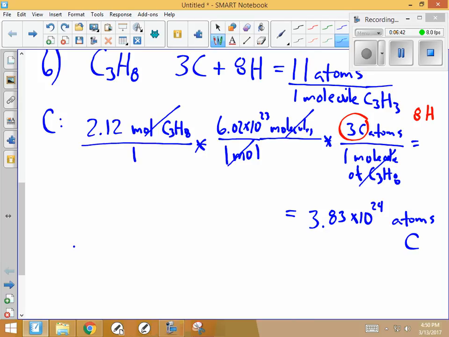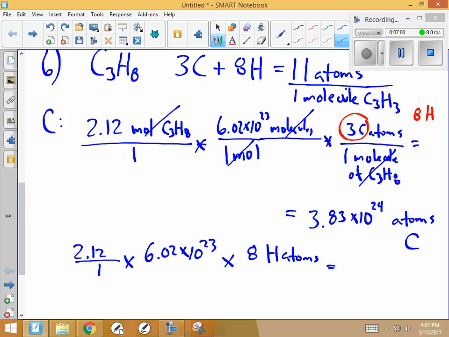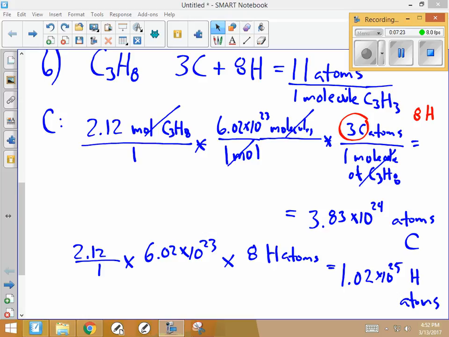So I'm just going to take a little bit of a shortcut. 2.12 over 1 times 6.02 times 10 to the 23rd times 8 hydrogen atoms equals 1.02 times 10 to the 25th hydrogen atoms. That's 3, 4, 5, 6 right there.